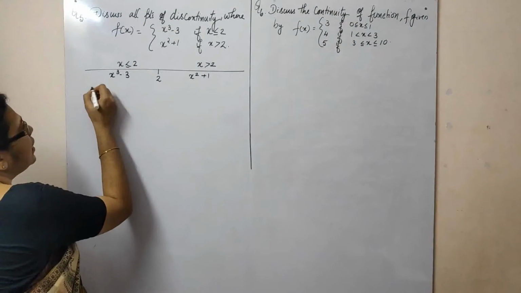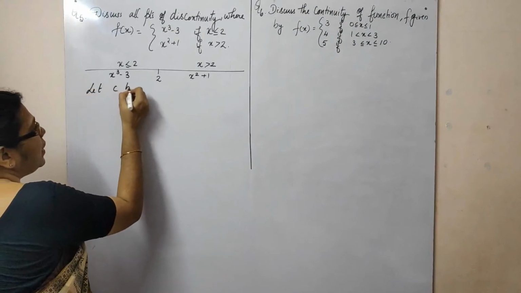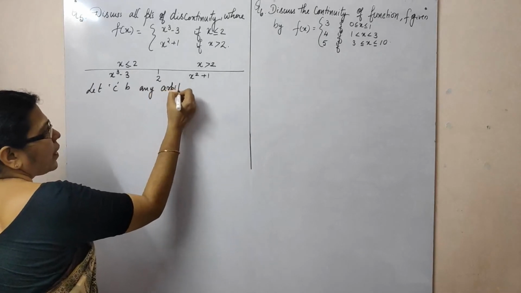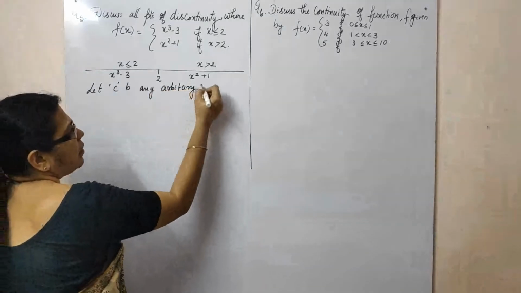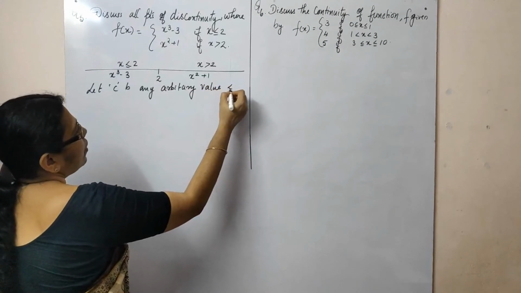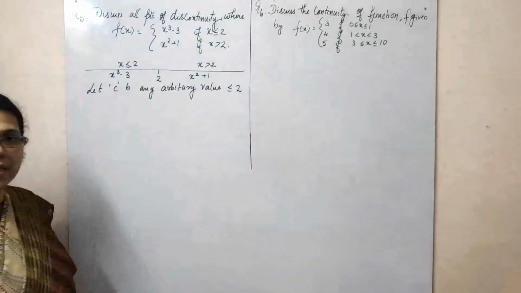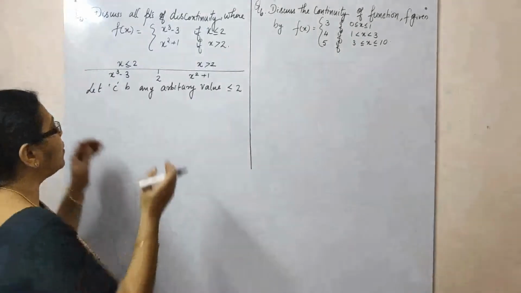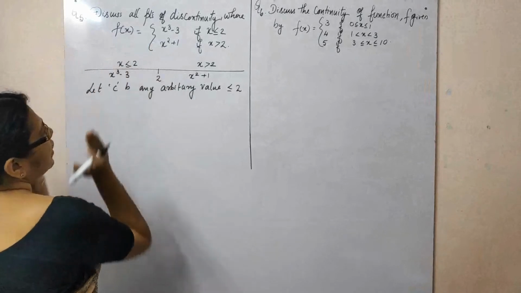We considered: let C be any arbitrary value less than or equal to 2. That is, C lies inside this interval.